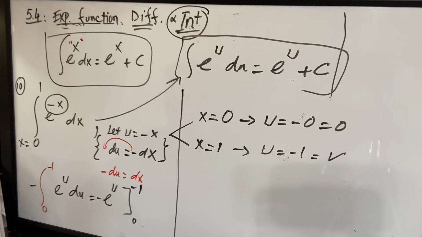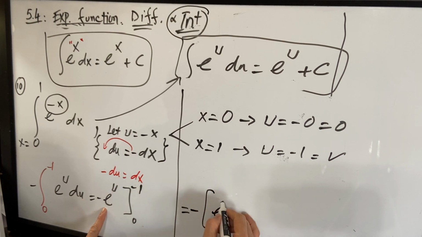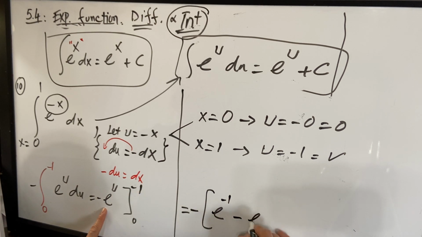Negative. All right, are you ready? Here we go. Plug this in. You can put the negative out. Keep the negative out right here for me. e to the -1, minus e to the what? 0.